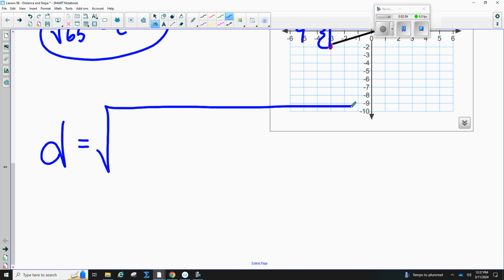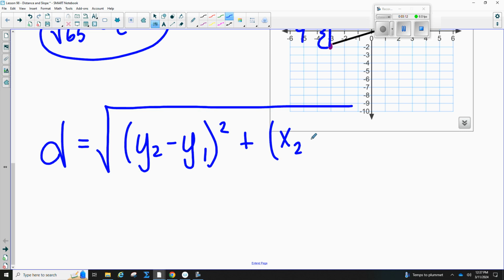So the distance between 2 points is always going to be the square root of the second y minus the first y, squared, plus the second x minus the first x, squared. This is exactly what I just did, okay? And then you square root it. So this comes from the Pythagorean theorem, but it's called the distance formula, and it's what you want to use.